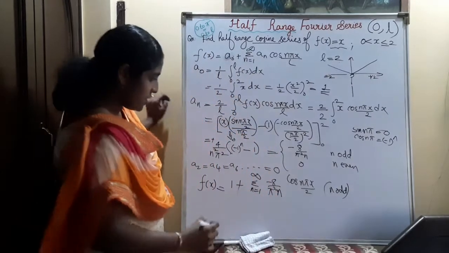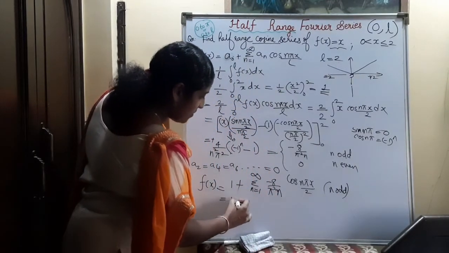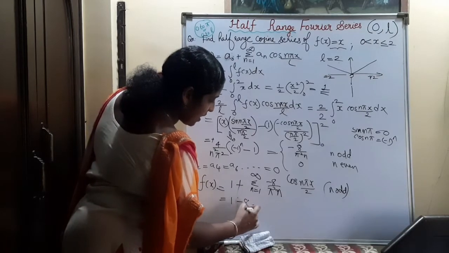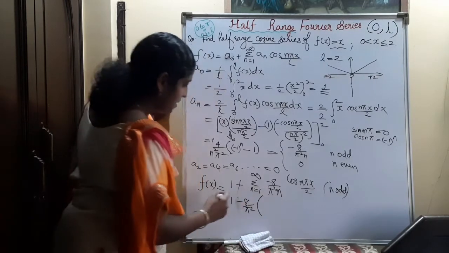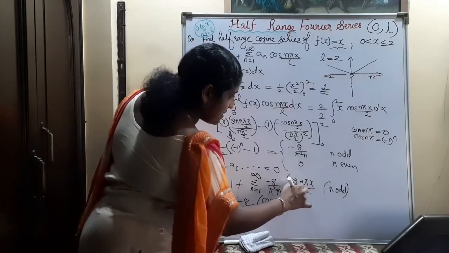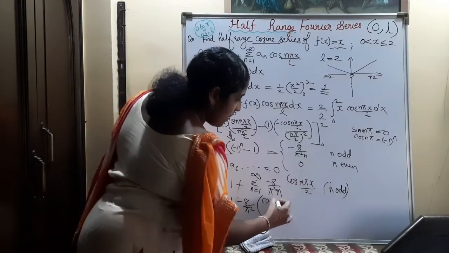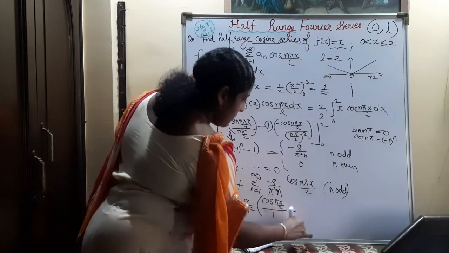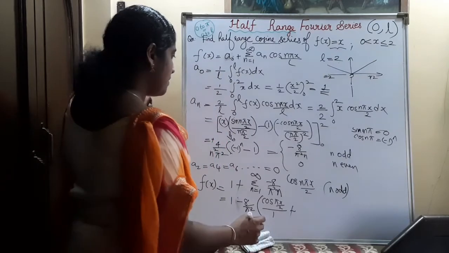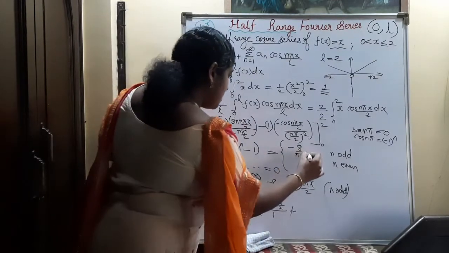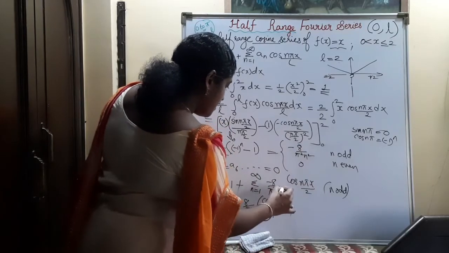Okay, so on substituting this, we are getting 1 plus, we can take minus 8 by pi square outside, then inside this becomes cos n pi x by 2 divided by n square, n must be odd.